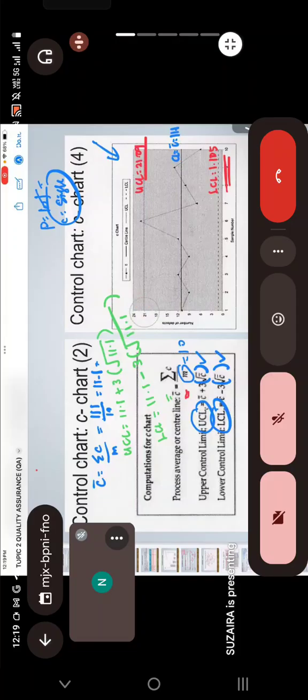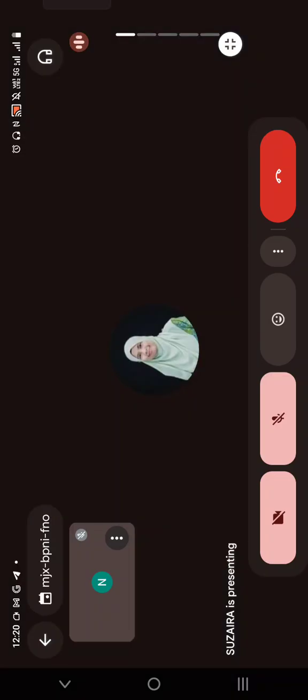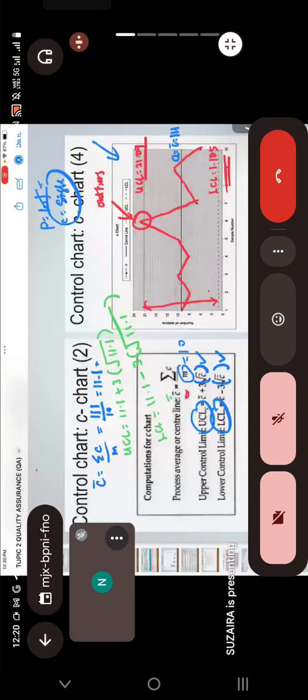What you need to do is connect the plotted dots, and the range is between the UCL and the LCL, but we have one outlier. An outlier is any point above the UCL or lower than the LCL, and that is considered a defect.